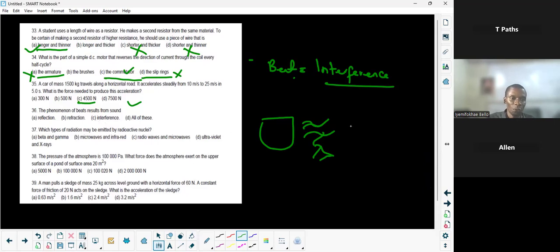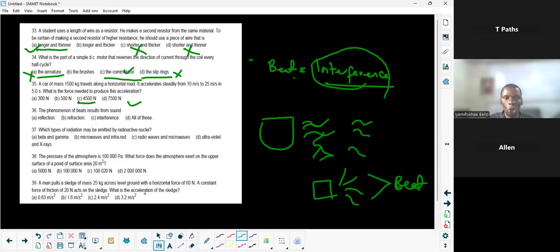Because we have different vibrations of the material producing different waves. So if this is your drum, it produces different waves, beats. So different waves coming together give you your what? Beats. And the combination of those waves is called interference. The answer here is C, interference.